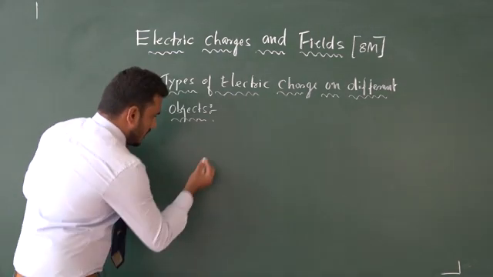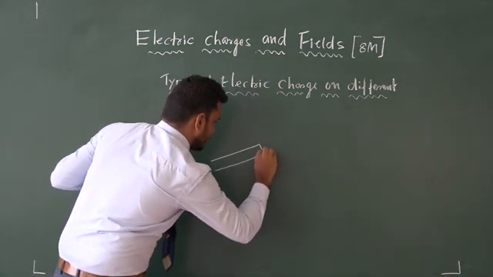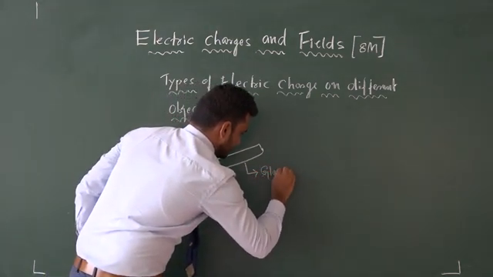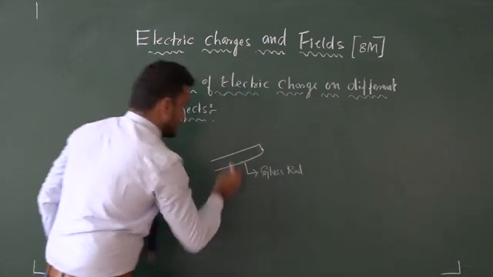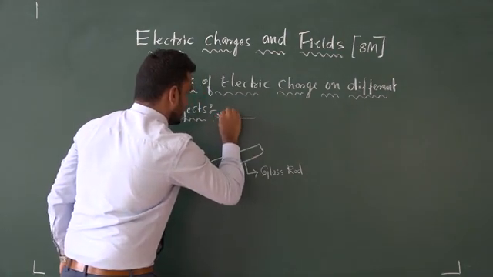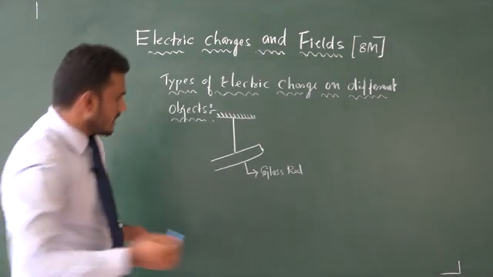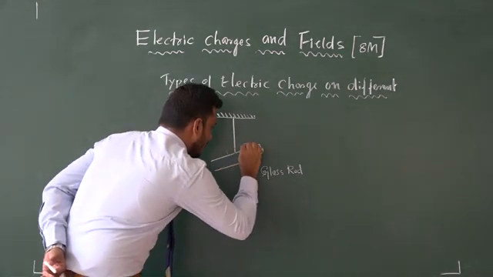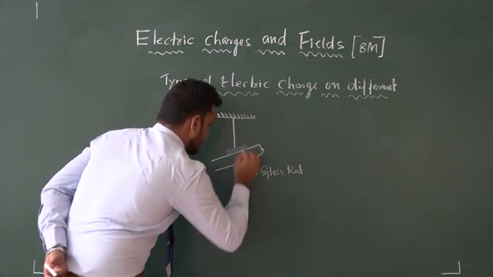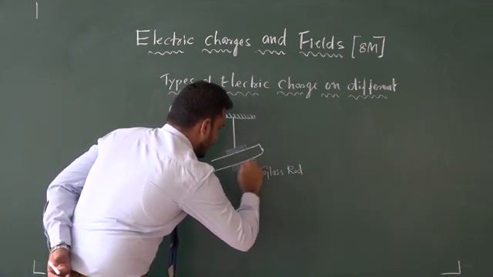Look at the board. Now I am going to consider a glass rod. This glass rod is suspended by a rigid support. The glass rod is rubbed with silk cloth. Imagine the color chalk I am using indicates the silk cloth. Now here we are rubbing a glass rod with a silk cloth.